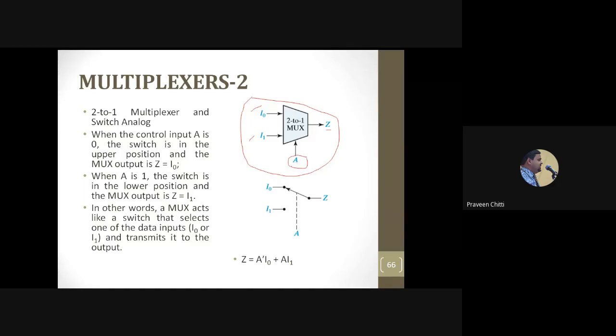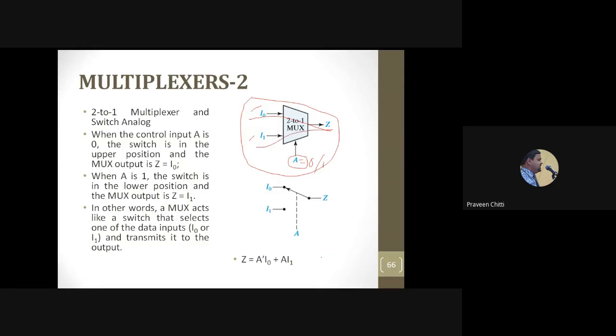So how exactly will this select line steer one of these 2 inputs to the output? That depends on the value of this. A can take values as either 0 or 1. Whenever A is 0, it will pass I0 to the output. And whenever A is 1, I1 will be passed to the output.